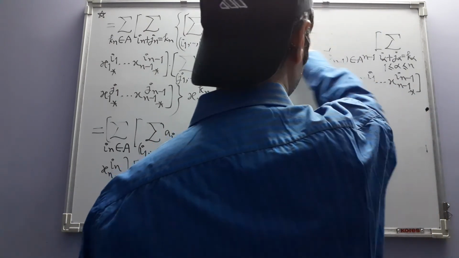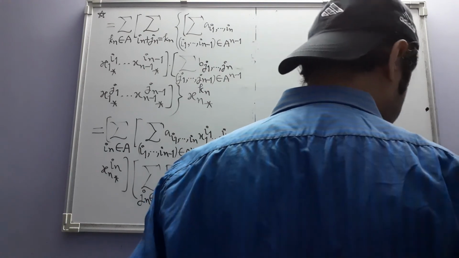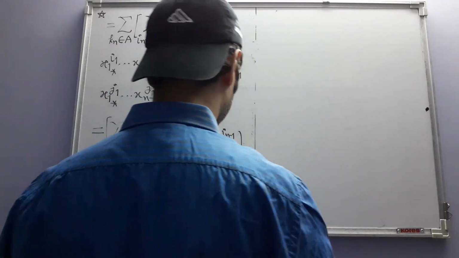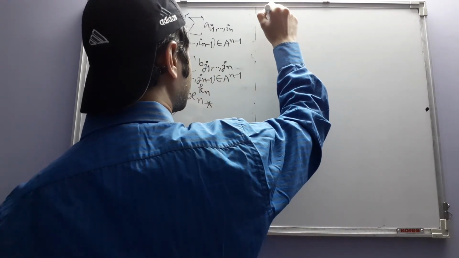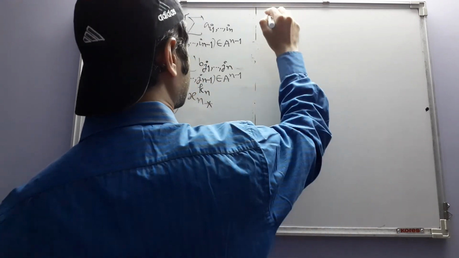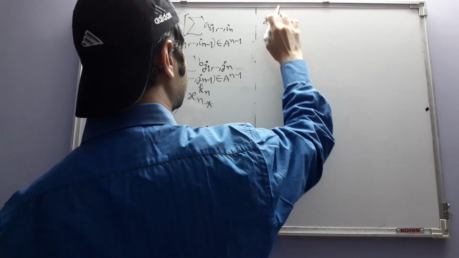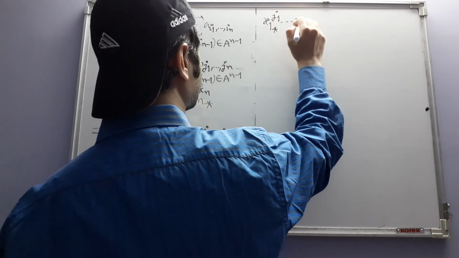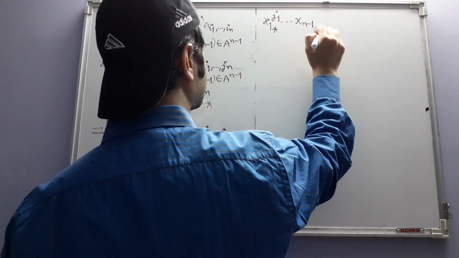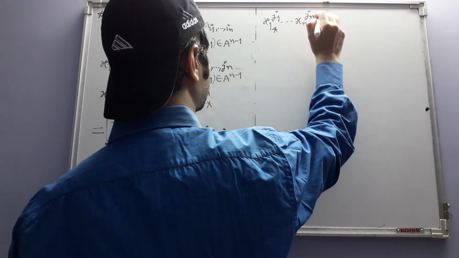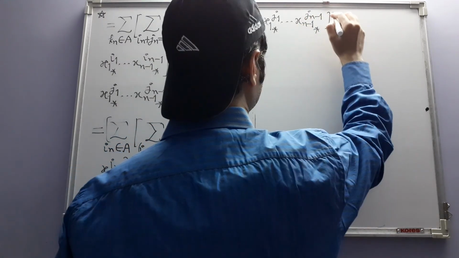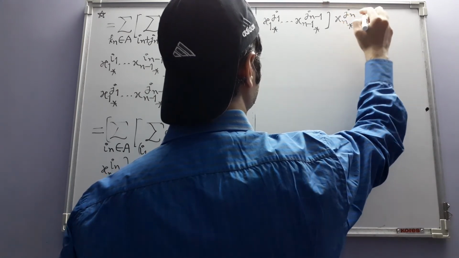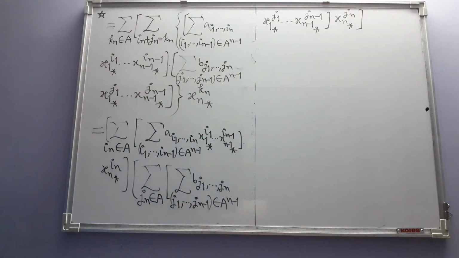These equations will look nice if they are written on long boards. x_1 star to the power j_1, x_{n-1} star to the power j_{n-1}, x_n star to the power j_n.